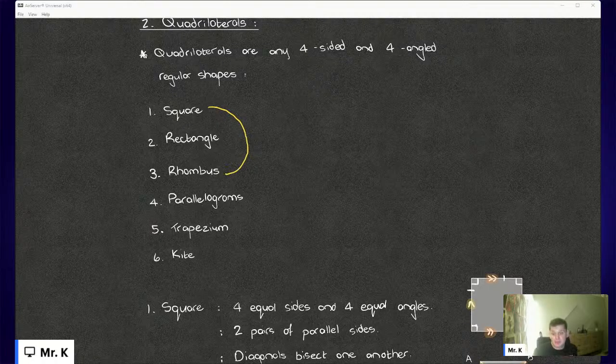These two shapes are linked because a rhombus is essentially a square that somebody has sat on to make it slightly skew, right? A rhombus is essentially a square, a skew square.